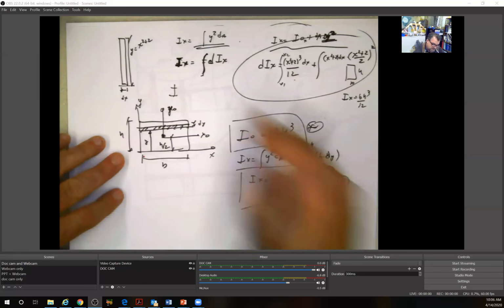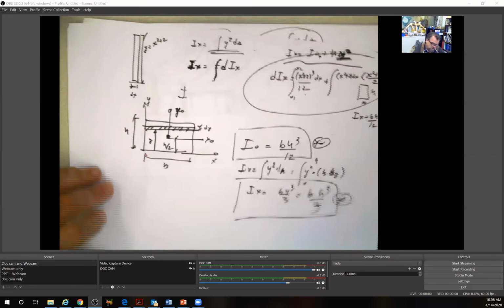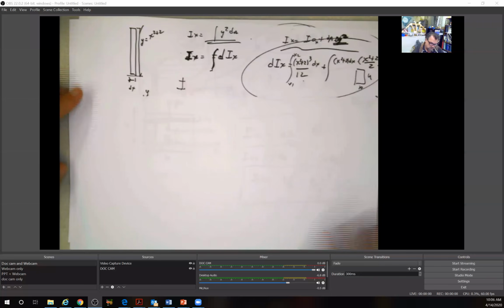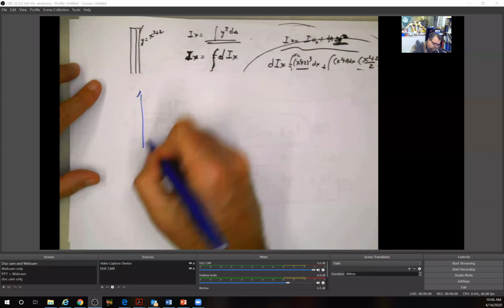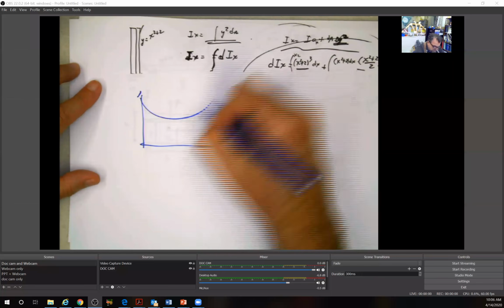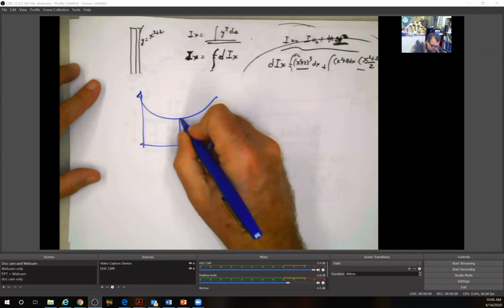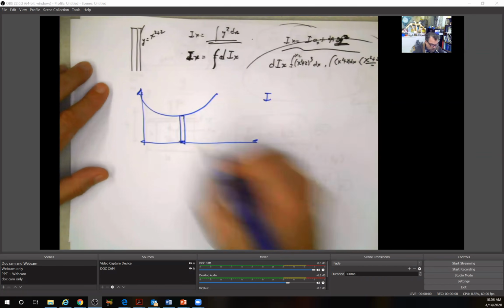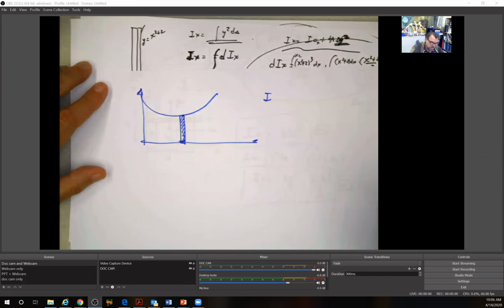So if I have these types of situations in moment of inertia, I'm going to use a new page. I'm sorry for the trees. If you have that situation in moment of inertia, I'm going to go to the same function, and you have to find this moment of inertia, and you want to use that differential.